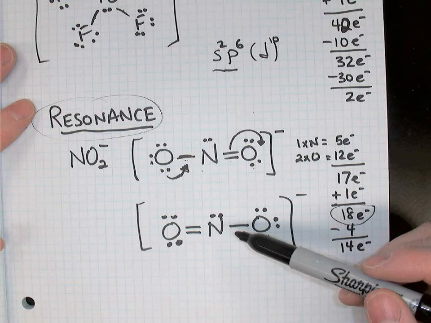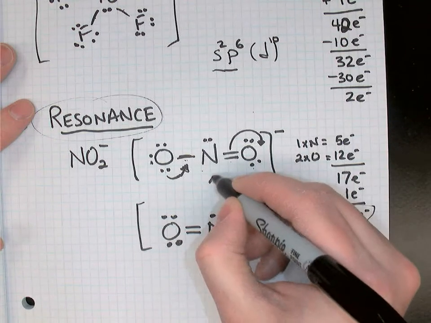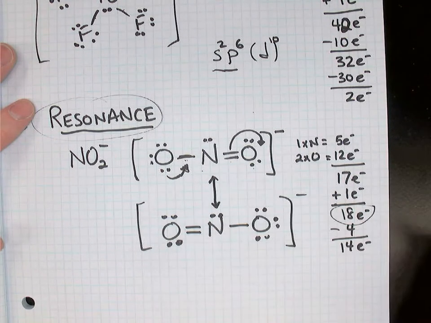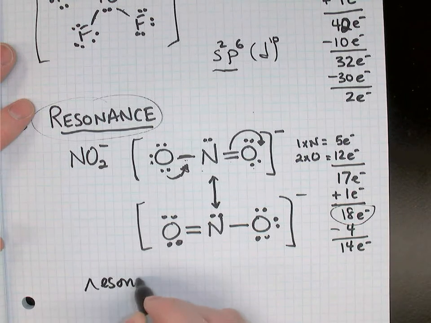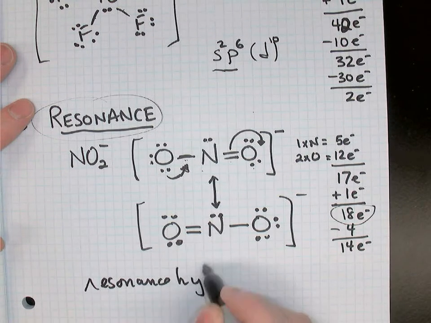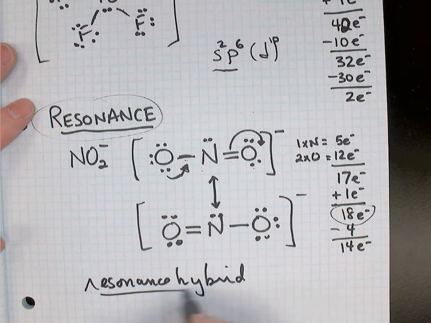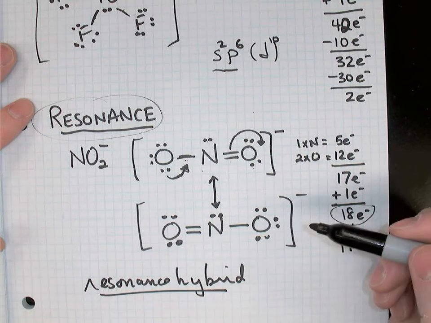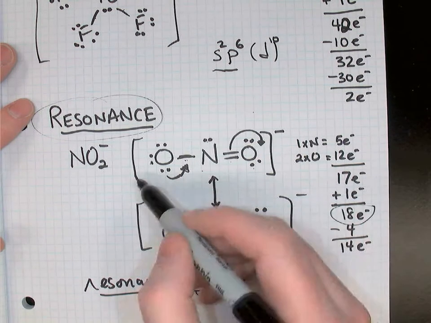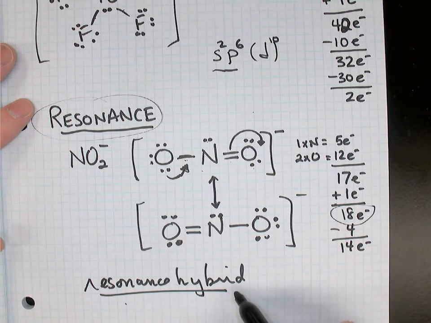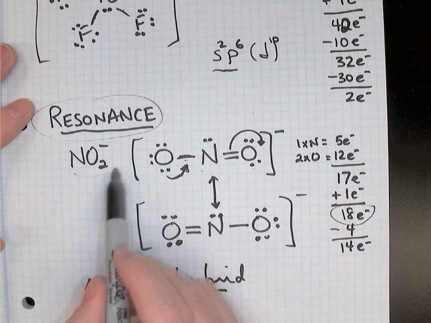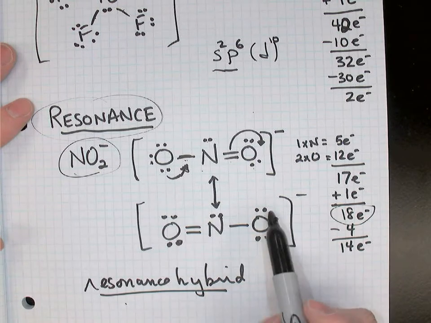We say that the actual NO2 molecule is a resonance hybrid of these two resonance structures. Each of these two diagrams is referred to as a resonance structure, and the actual NO2 minus ion is a hybrid of them.